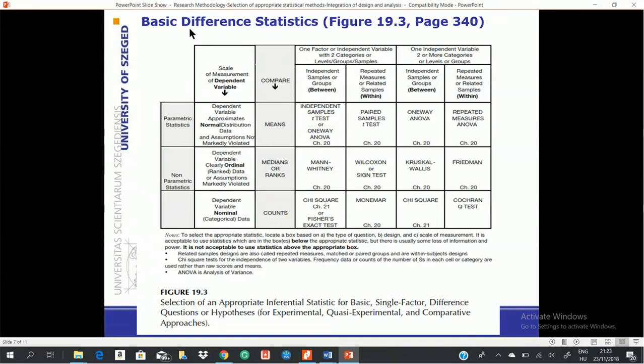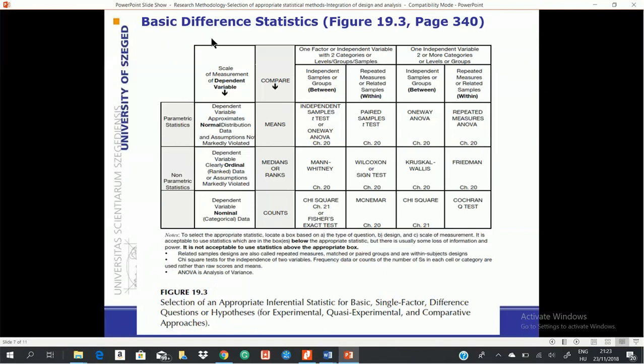Basic difference statistics consist of parametric statistics and non-parametric statistics. Actually, parametric and non-parametric statistics are decided according to your data. You have to choose parametric or non-parametric statistics, which I learned before in my master's degree. People call it inferential statistics, consisting of parametric and non-parametric statistics. Okay.